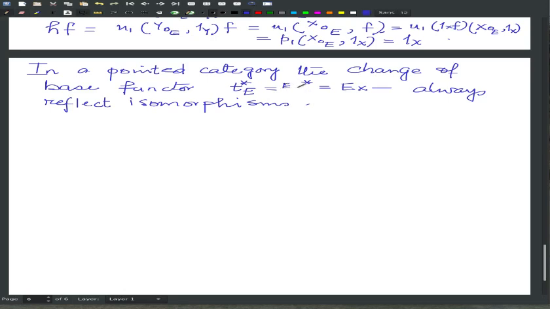That's from E it is coming. Okay? E0 star always reflects isomorphisms.